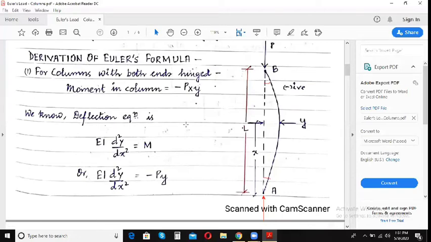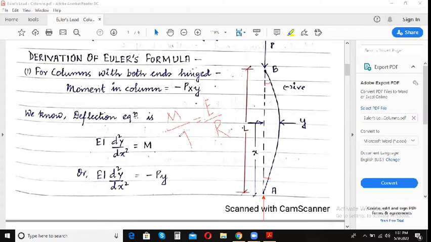We know that in the calculation for bending stress of beams, there was a formula which was given as M by I. Let me just write it down. It was M by I equals E by R, where M was the bending moment, I was the moment of inertia of the beam, E is the Young's modulus of the material which we were using, and R was the radius of curvature.